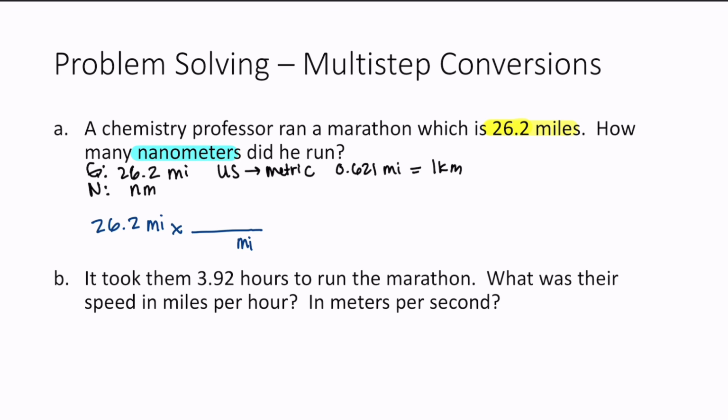So if I use my equality between kilometers and miles, that means I'm going to have kilometers on the top and miles on the bottom. Now I'm in kilometers. Notice that my miles cancel out, but the units I'm left with are kilometers and my need is nanometers. So I'm not done with this problem yet.